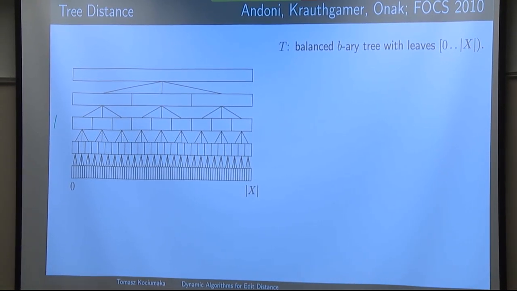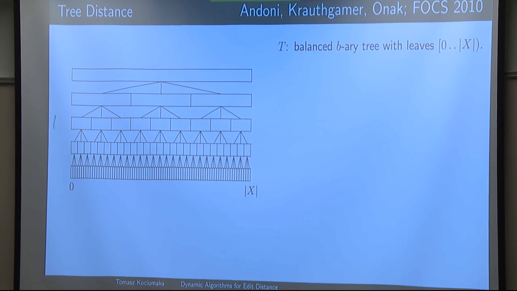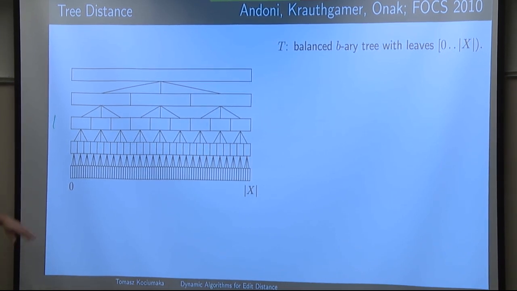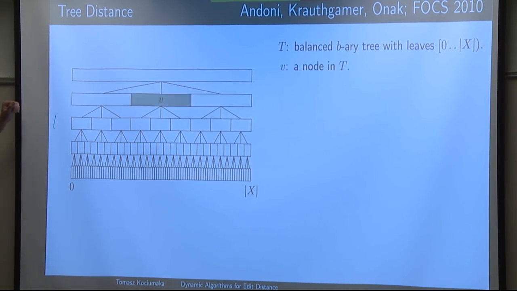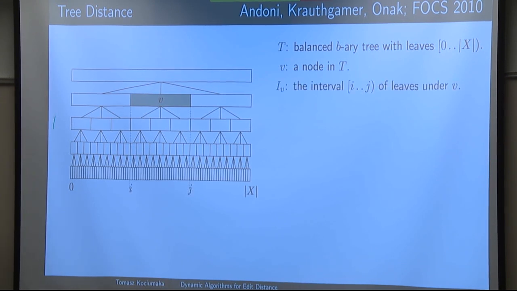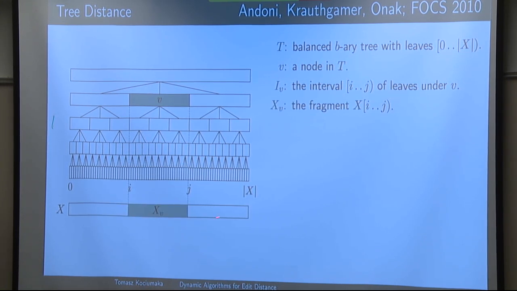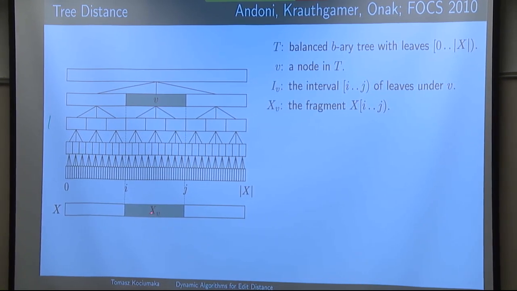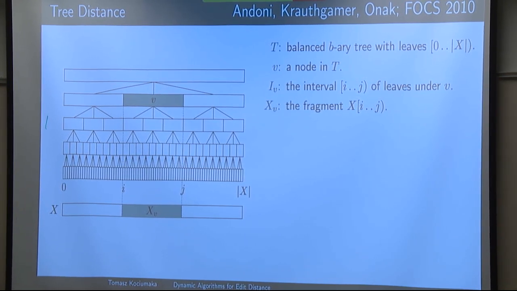So this algorithm is based on so-called tree distance, where on top of the string x, we build a b-ary tree. For each of the nodes in the tree, we have some interval in the string x. And this corresponds to the fragment which we will denote by x_v.